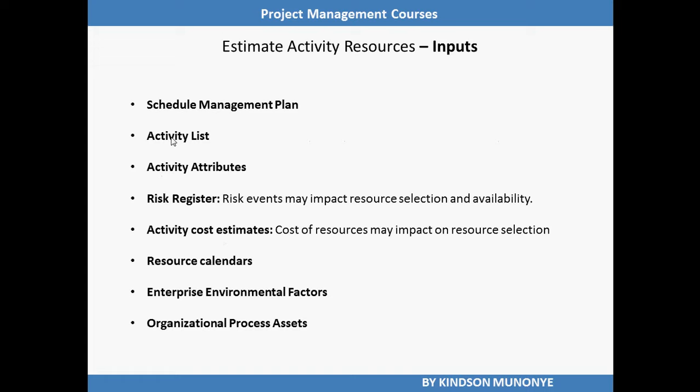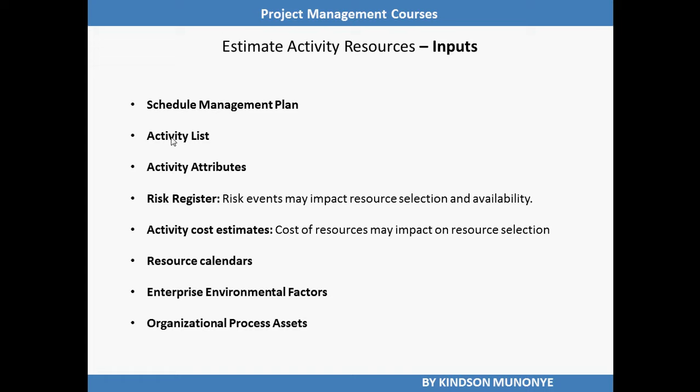Now we have the risk register. Risk events may impact resource selection and availability. Updates to the risk register are included with project documents updates. So we need the risk register when we estimate activity resources.